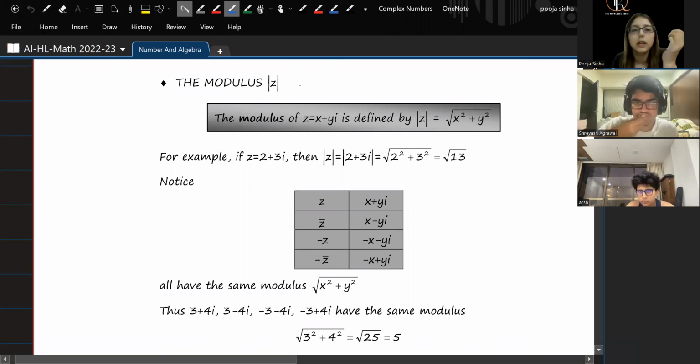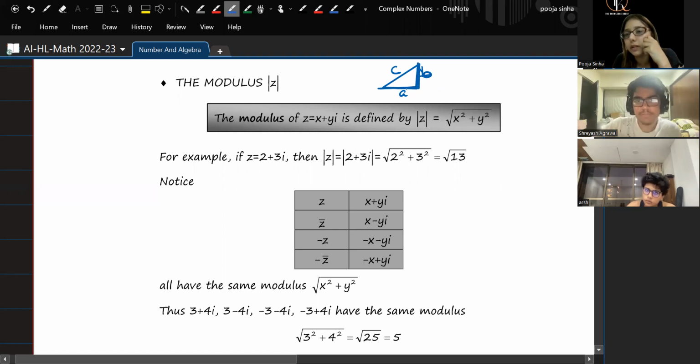In Pythagoras theorem, you take a square plus b square equals c square. If this is c, this is b, and this is a, then a is the x value and b is the y value.